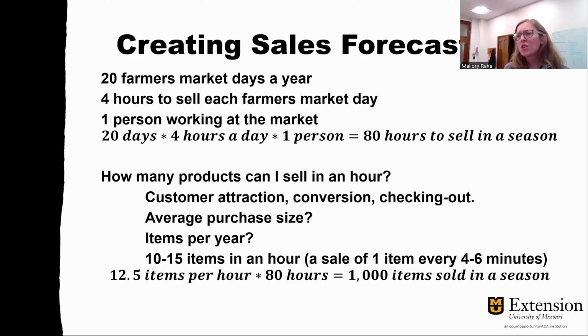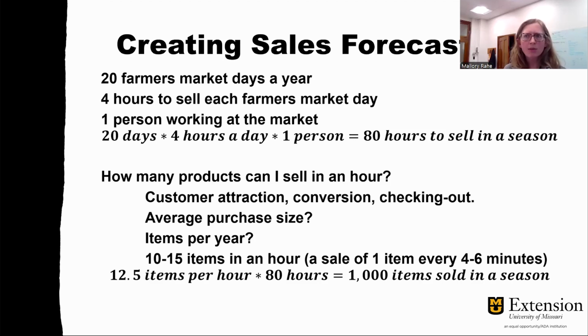So I work through some of these thoughts about what I think might happen at the farmer's market, and I come up with this idea that I think I can sell 1,000 of these bags of freeze-dried elderberries at this farmer's market. That's selling one of these about every 4 to 6 minutes.